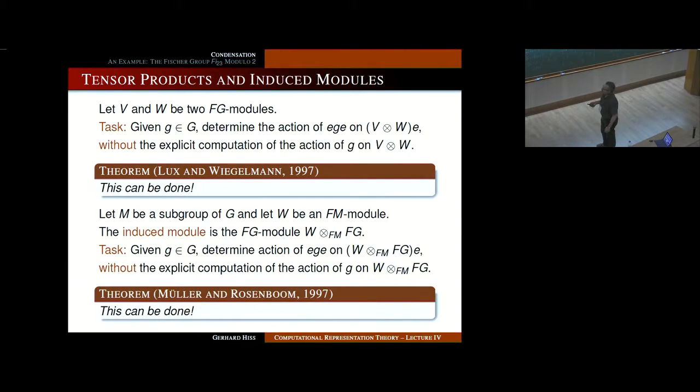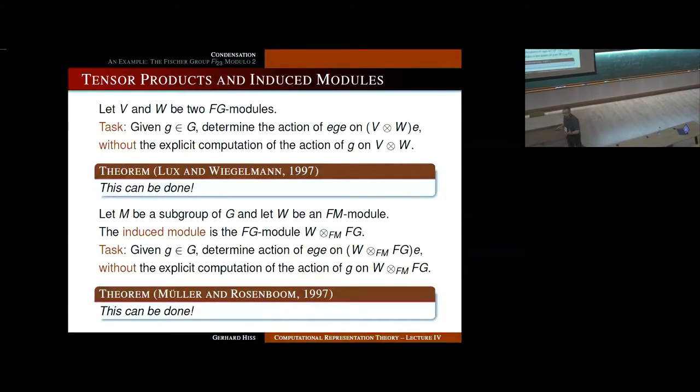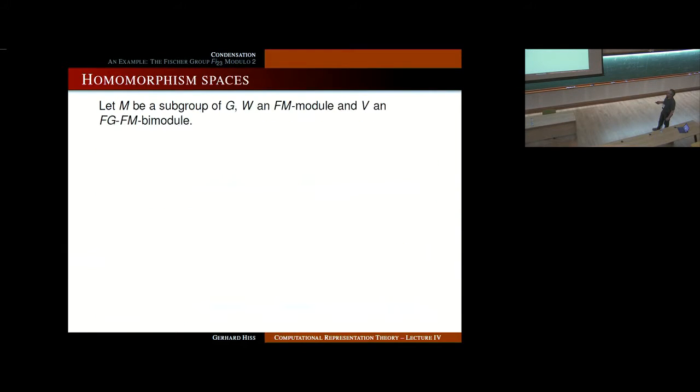But in effect, all these three examples of condensation, namely condensing a permutation module, condensing a tensor product, or condensing an induced module, are sort of different images of the same thing, namely condensing homomorphism spaces.